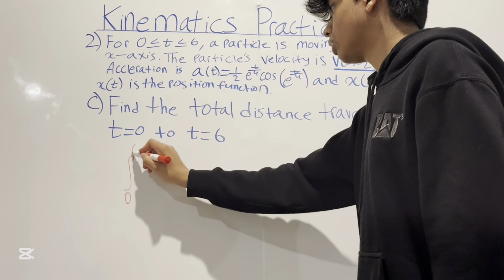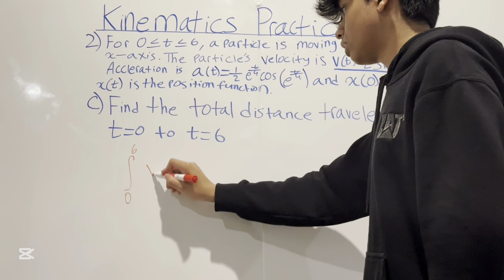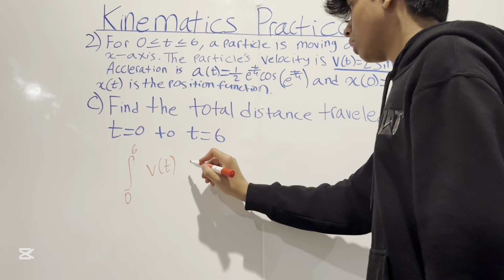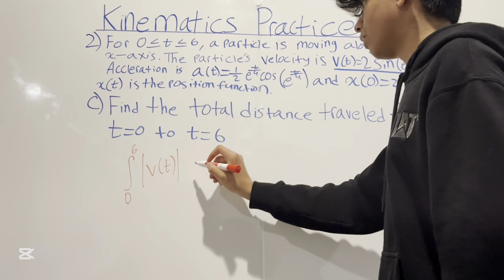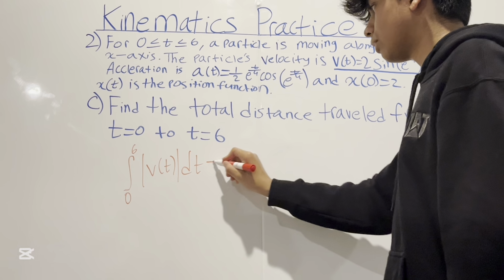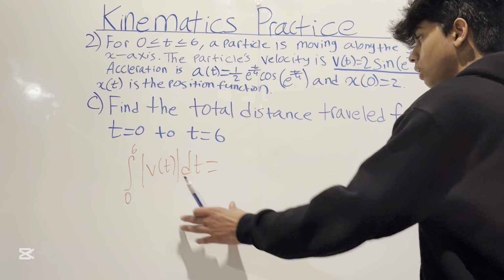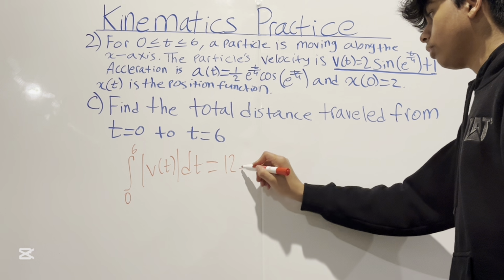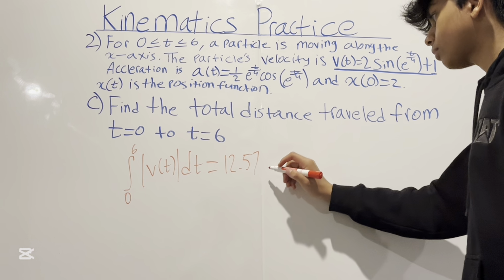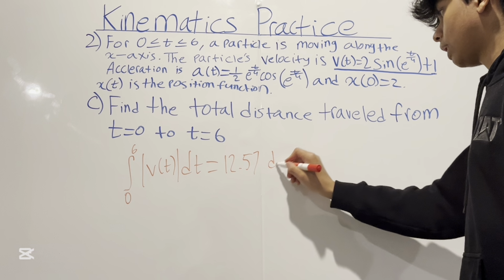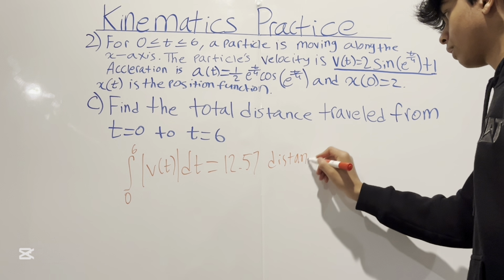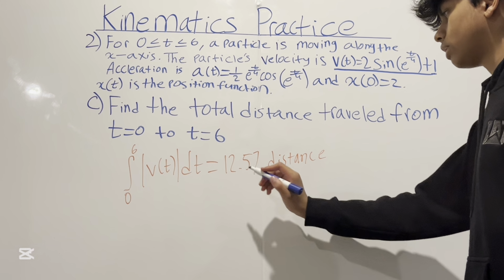So from the bounds 0 through 6, but instead of just v of t, we're going to do the absolute value of this and then find the integral of that. So if you put this into your calculator, you're just going to get 12.57, I guess, distance. And that's the final answer.